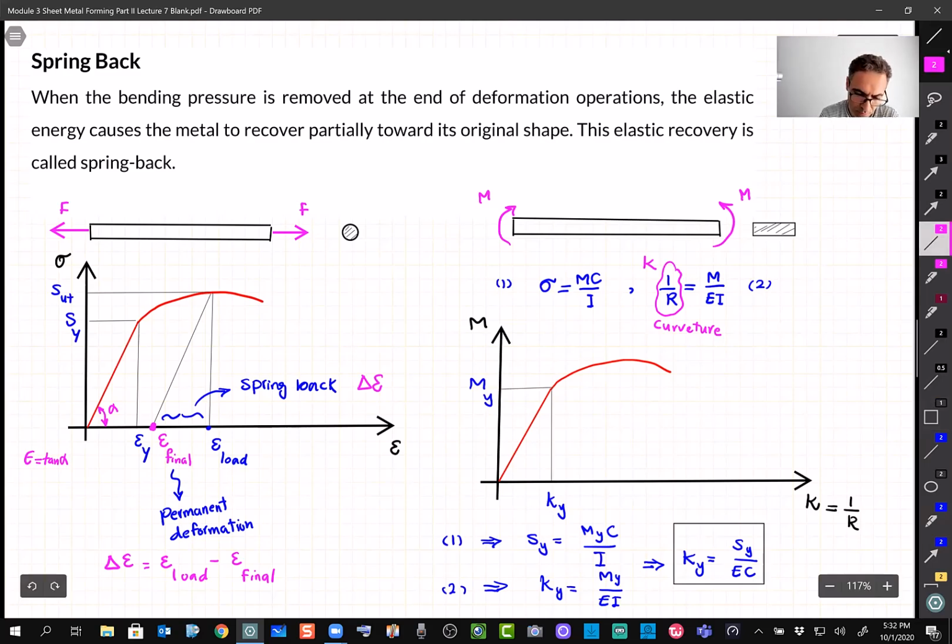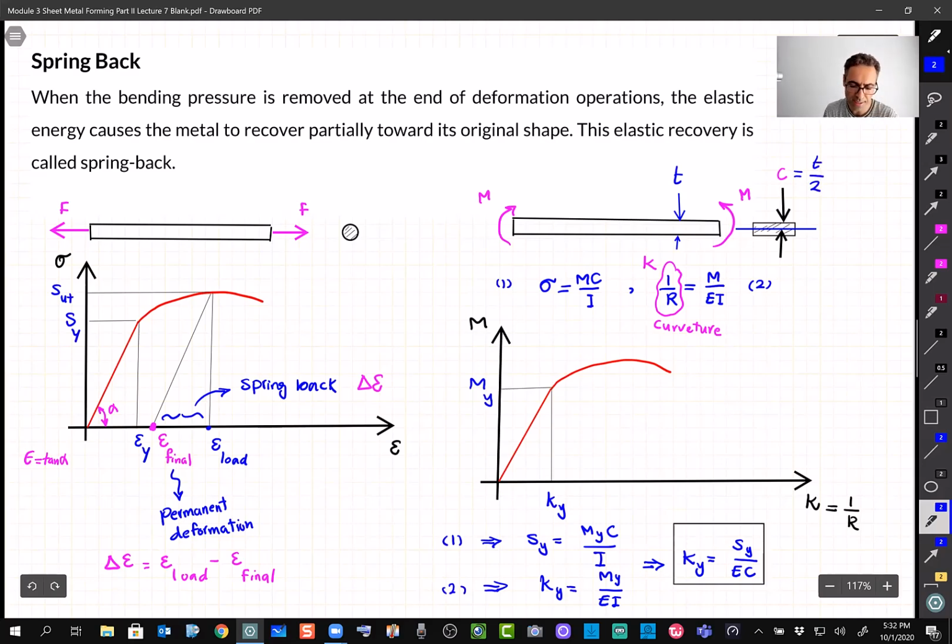And again, don't forget that C is the thickness between the neutral axis and the top or bottom, all right? So this is what we call C. Let's say if the thickness of the beam is T, then simply C is equal to half of T, all right?